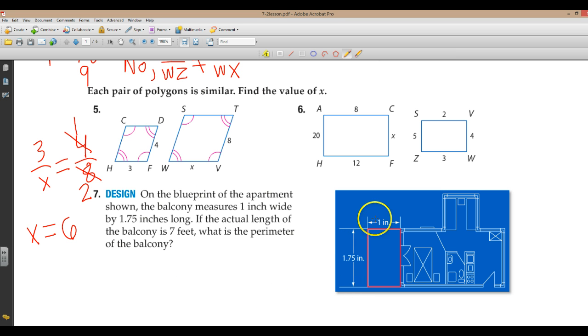So if we can find the perimeter of this rectangle first, so a perimeter of this scale rectangle right here would just be 1 inch plus 1.75 plus 1 plus 1.75 on this side. So that perimeter is equal to, let's see, 1, 2, 3, 4, 5.5 inches.